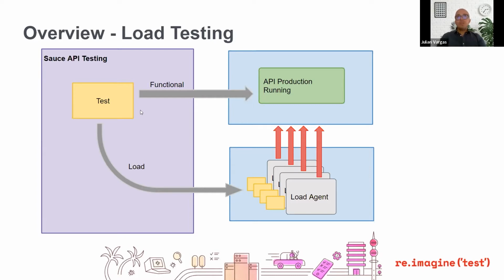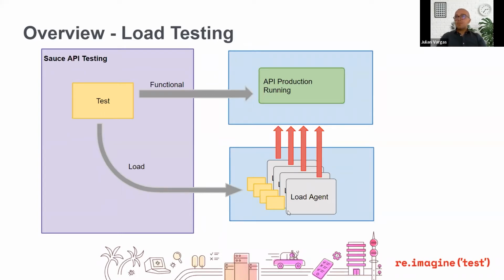When it comes to load tests, what we do is we send the configuration or the definition of that particular functional test to load agents that are running in your infrastructure, ideally on a different machine from the one running the application itself.